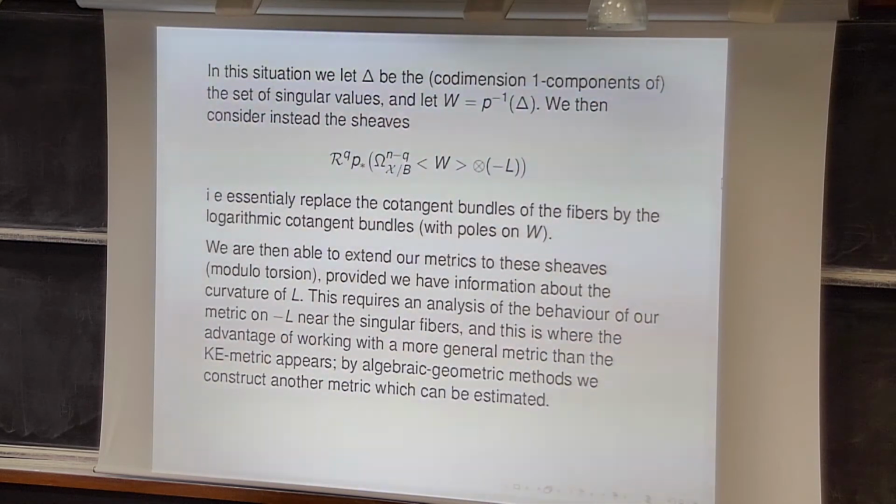Okay. So now, in order to extend the metric across this bad set, the W there, we need some information about the curvature and the behavior of the metric on L near the bad fibers.